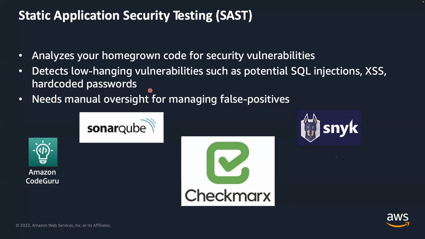Okay, so this is quite similar to the IDE security plugin, but what happens here is that this is run once the code has been committed and once the code is going to be packaged. Okay, and it can detect low-hanging vulnerabilities such as SQL injections, cross-site scripting, and hard-coded passwords. Okay, so if you are a tech lead, make sure that you're aware of these things.